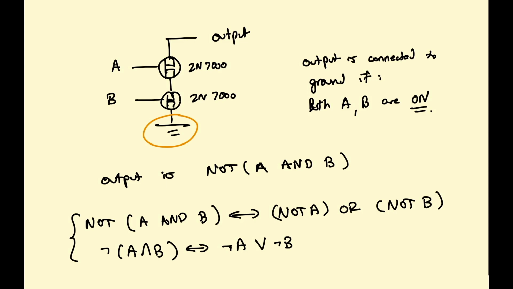Now, have I drawn the entire circuit here? No, I've only drawn the N part of it, but I haven't drawn the P part. But I claim I'm ready to draw the P part because it's this form here.